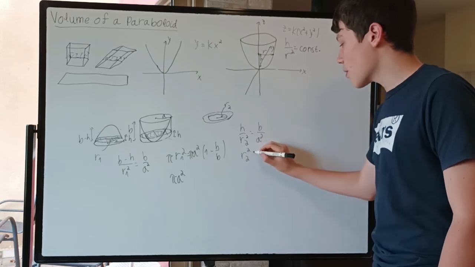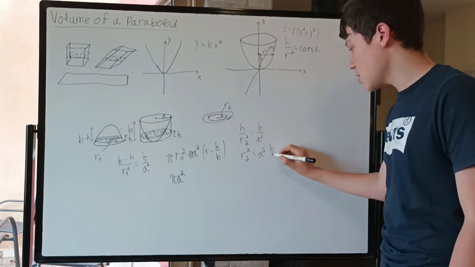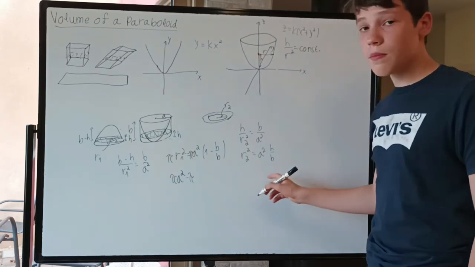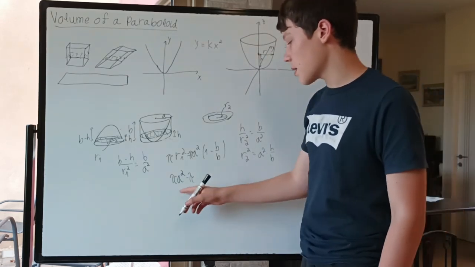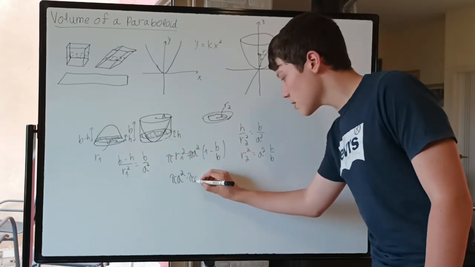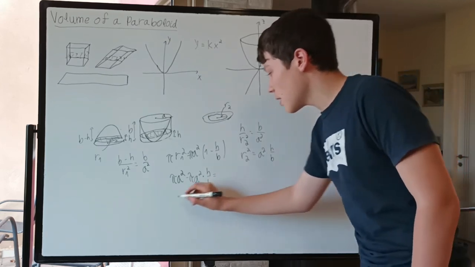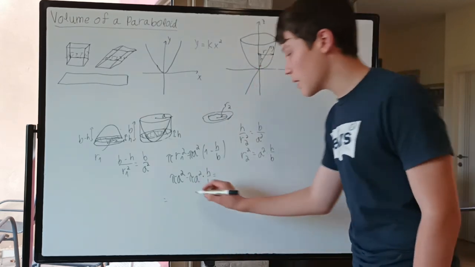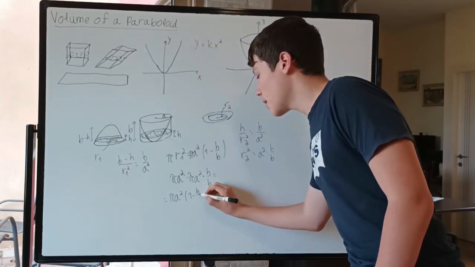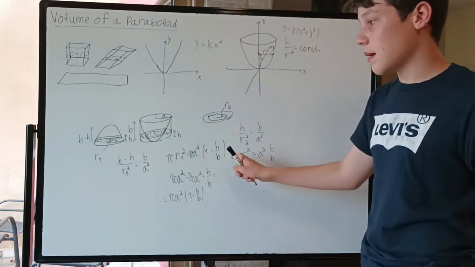So r2 squared is equal to a squared times h over b. And now we want to subtract pi r2 squared, right? So we want pi a squared minus pi r2 squared. Well, if we substitute in r2 squared, we get minus pi a squared times h over b. And if we take out as a common factor pi a squared, we get pi a squared times 1 minus h over b. And we can see that these are the exact same.